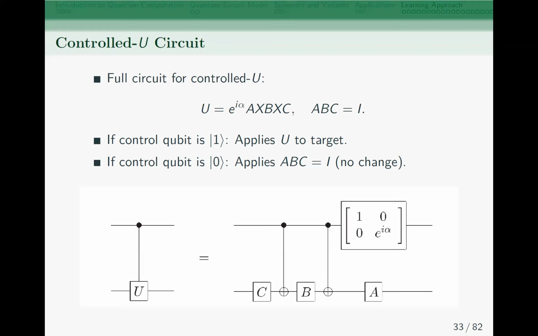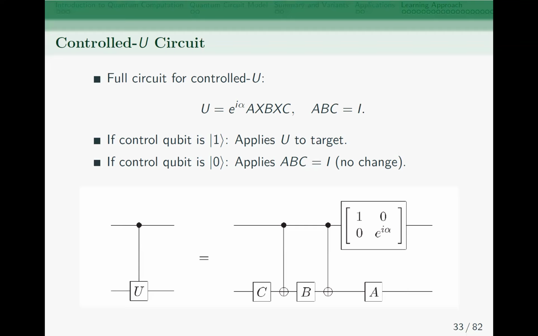Mathematically you just apply C, apply B, and apply A, and this is identity by definition, because the product ABC is identity. Good. Okay, so this is the case when the control qubit is 0.